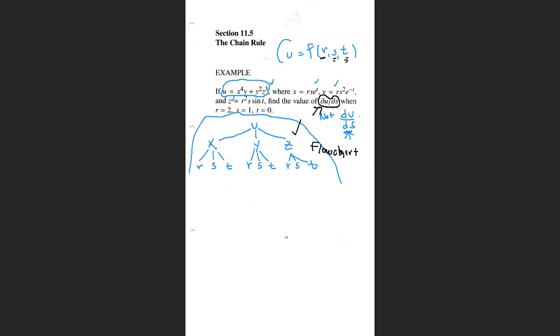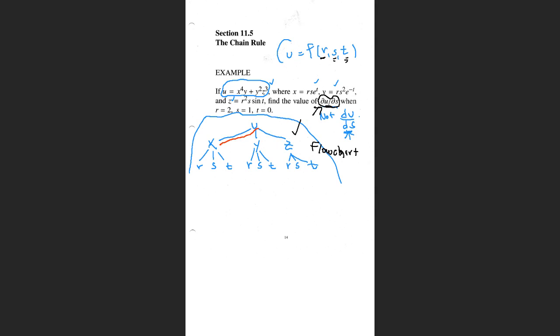Think of it like this. We want to know how u changes with respect to s. So the paths that we're interested in: u changes with respect to x, and then how does x change with respect to s?